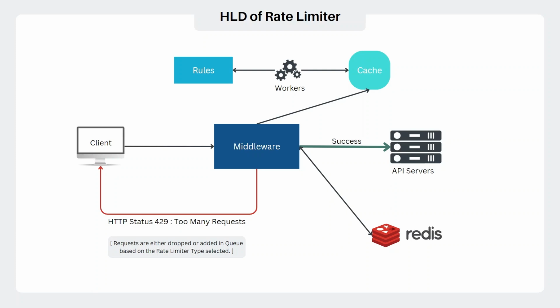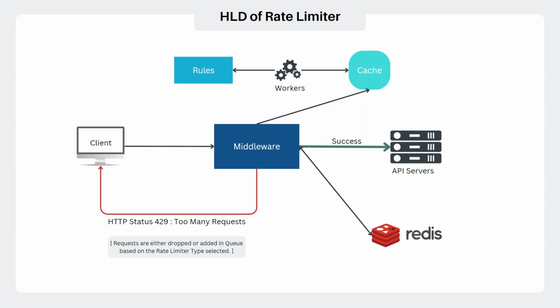When a request comes in, it computes whether to process or rate limit the request. If the request is processed, you can see the success in the green line, which goes to the API server, and the other path is where it is not accepted.